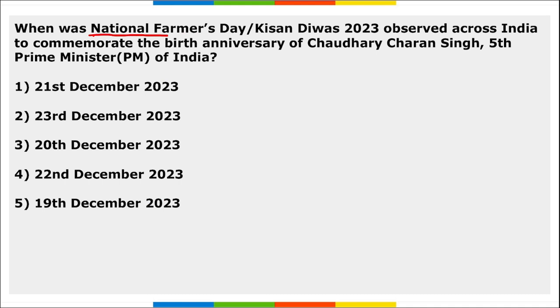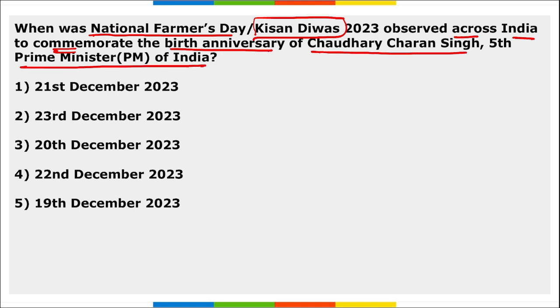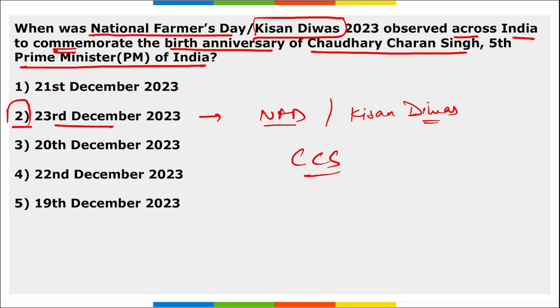Next, when was National Farmers Day or Kisan Divas observed across India to commemorate the birth anniversary of Chaudhry Charan Singh, the 5th Prime Minister of India? So remember, on 23rd of December every year, we observe National Farmers Day, that is Kisan Divas, and it is observed across India to commemorate the birth anniversary of Chaudhry Charan Singh, who was the 5th Prime Minister of India.